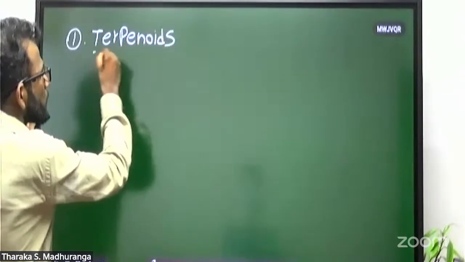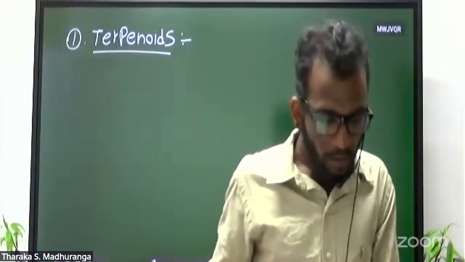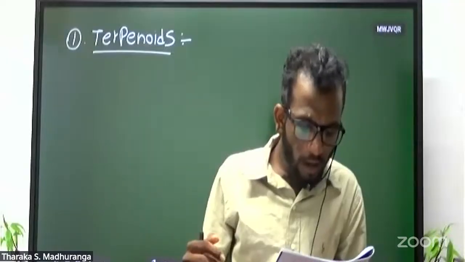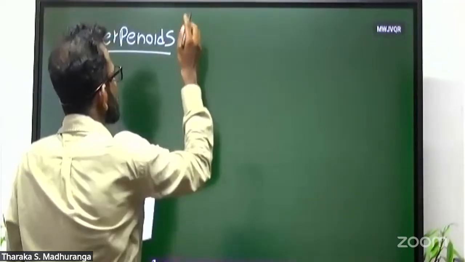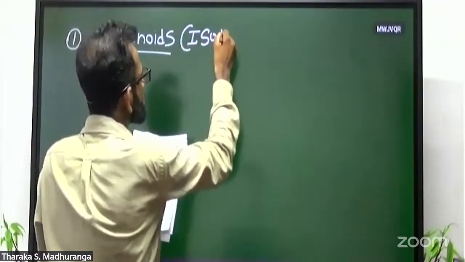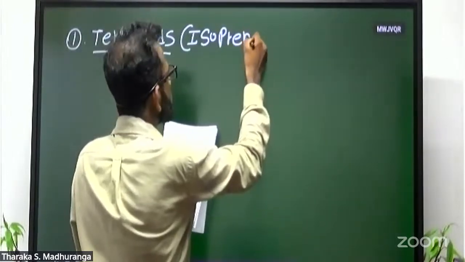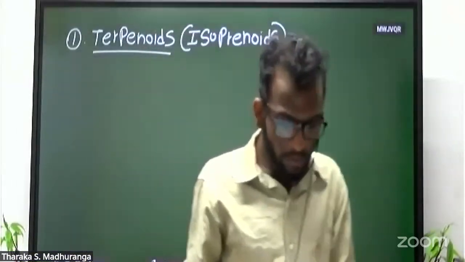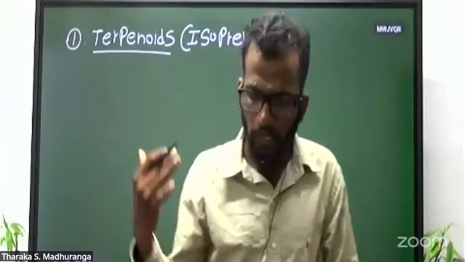Terpenoids is a common type of secondary metabolite. Read the note. These are also known as isoprenoids. There is another name for terpenoids, isoprenoid. More than 60% of secondary metabolites are terpenoids.